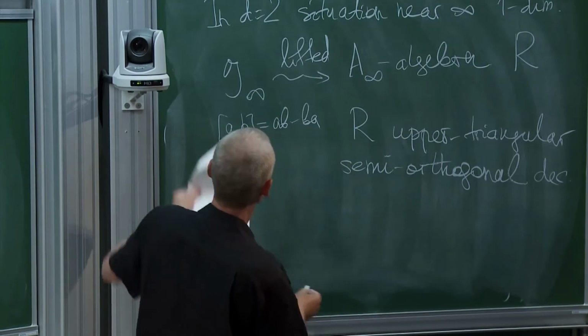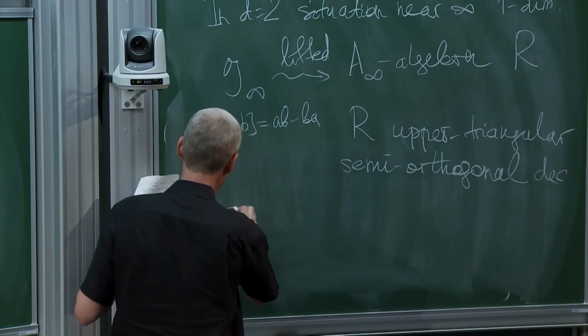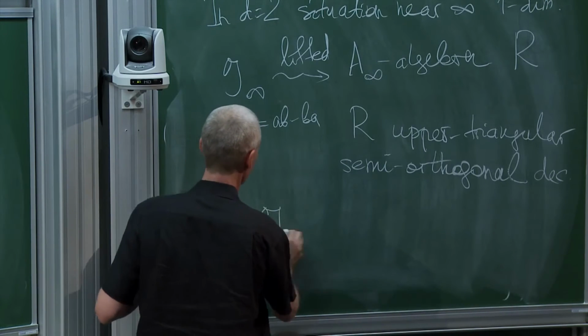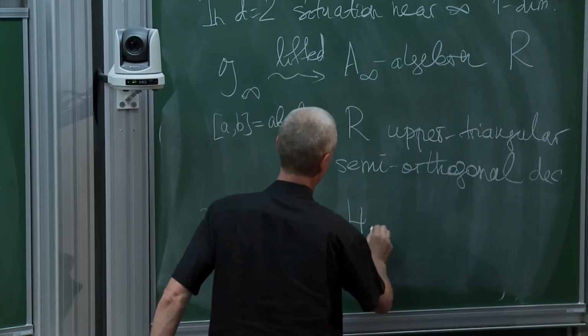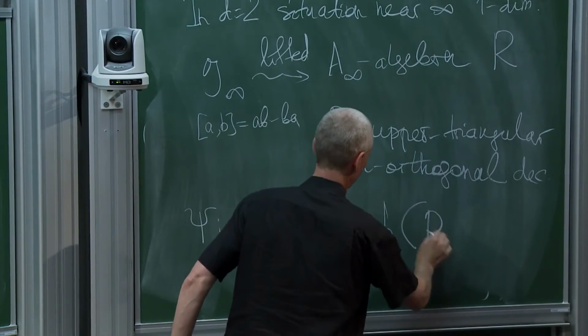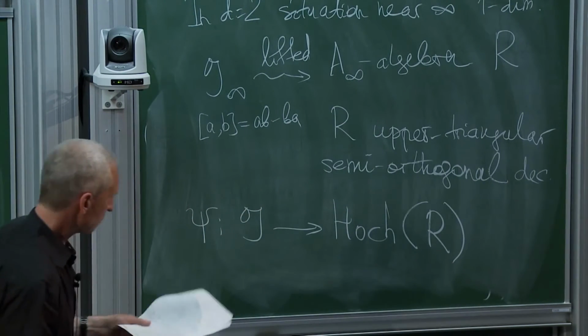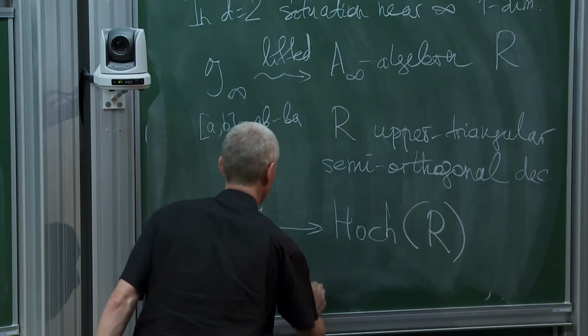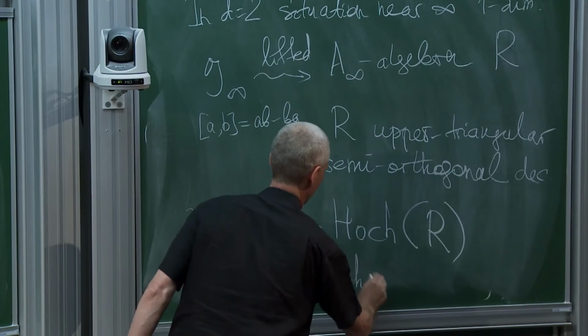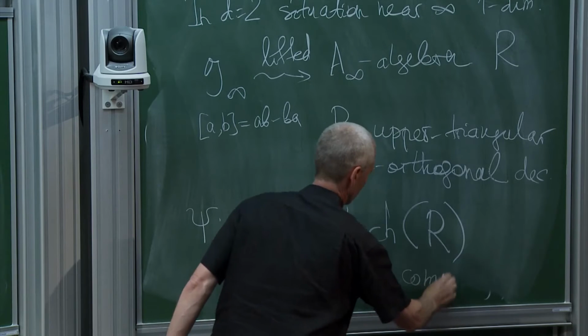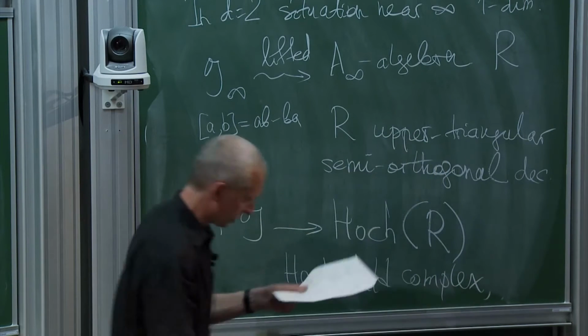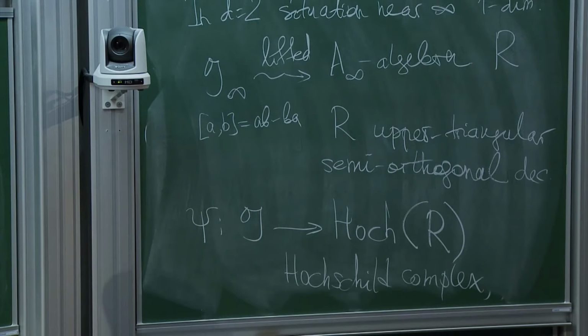And we have a map. We can extend this to a homomorphism psi from G to the Hochschild complex of R, which, again, is well known to govern deformations.